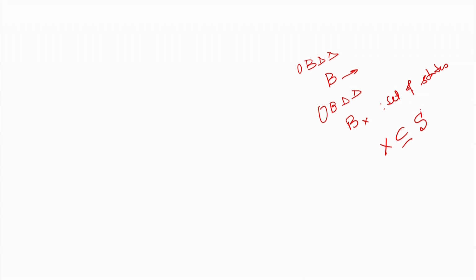So, we have a BDD, or basically an OBDD B arrow, for a state transition system. We have an OBDD Bx for a set of states. Okay. So, x is a subset of the entire states S. Then, with the help of these two BDDs, now we can find out the predecessor states of this particular set of states. Okay.